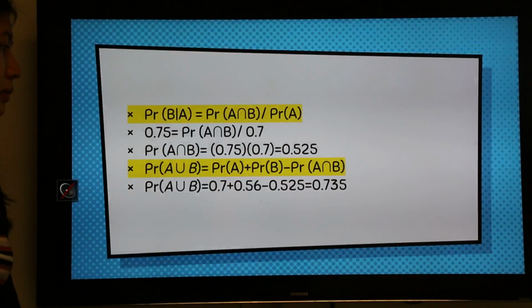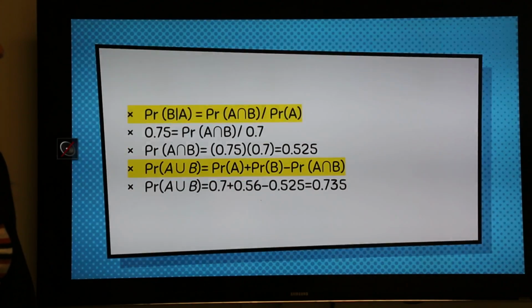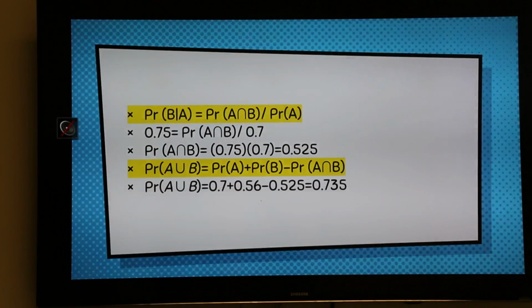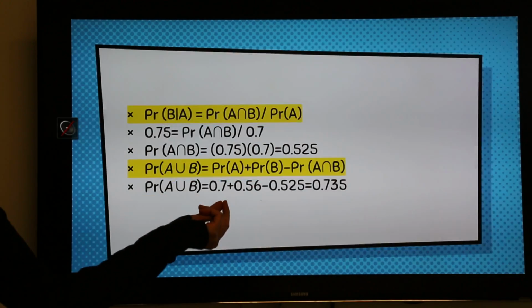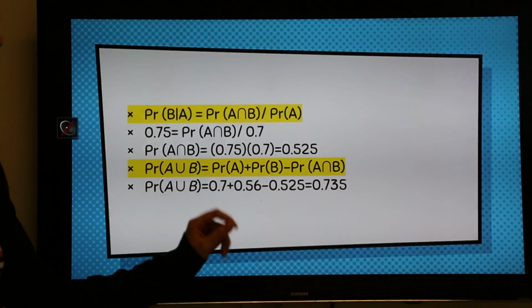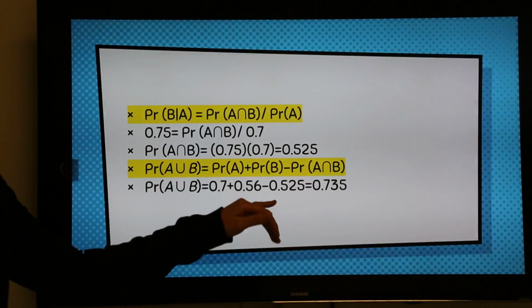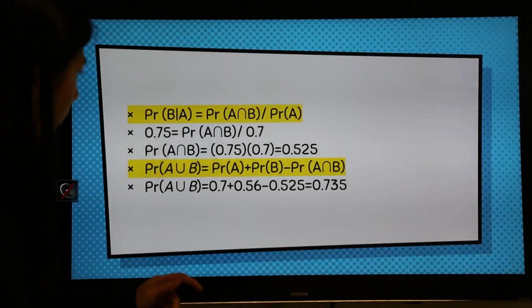Now we want to find probability of A union B, which equals probability of A plus probability of B minus probability of A intersect B. We are given probability of A and B, 0.7 and 0.56, and we subtract the 0.525 we got from the previous method, and we got 0.735.